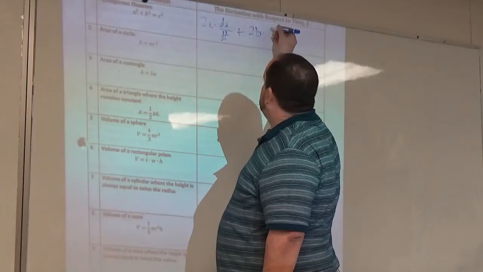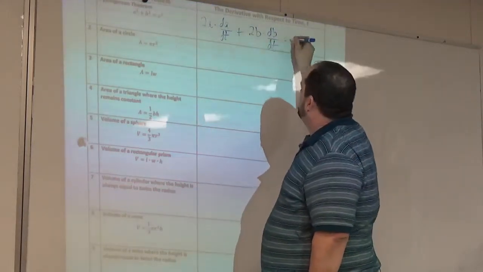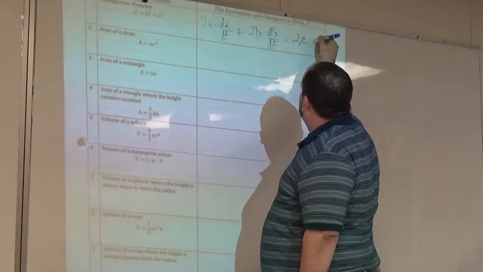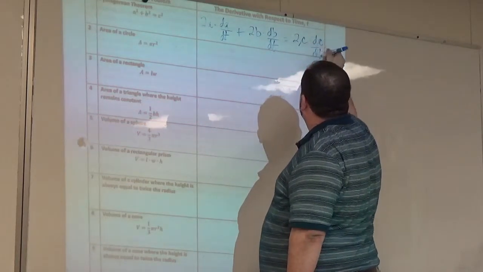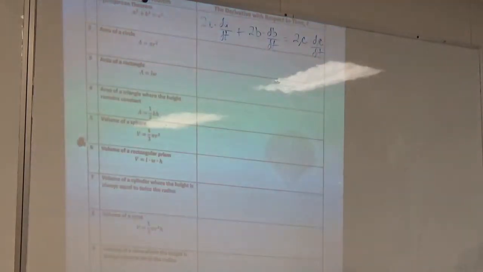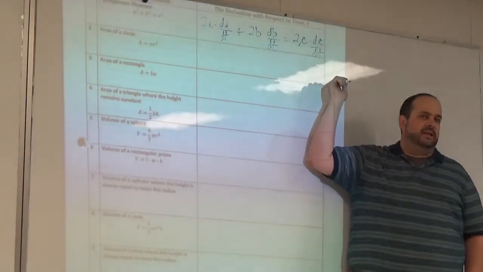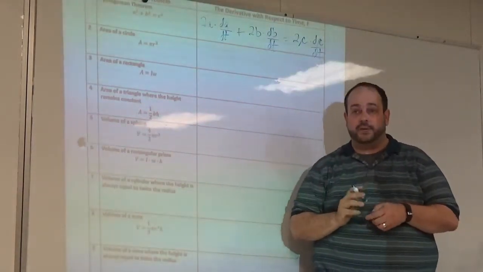Plus the derivative of b squared is 2b, but b is changing with respect to time. The derivative of c squared is 2c, but c is changing with respect to time. All the variables are changing over time, so they're all going to have a d something dt, unless you're told that it's a constant for some reason.